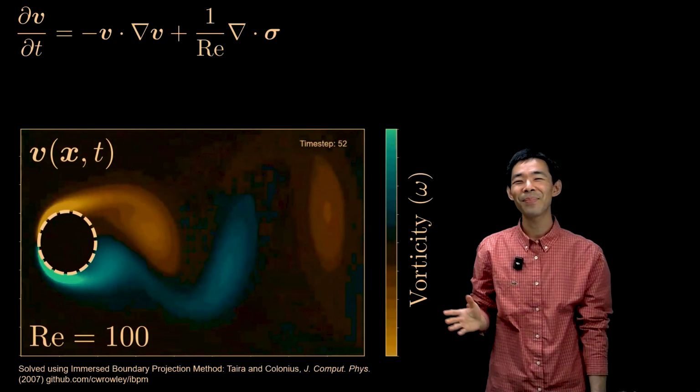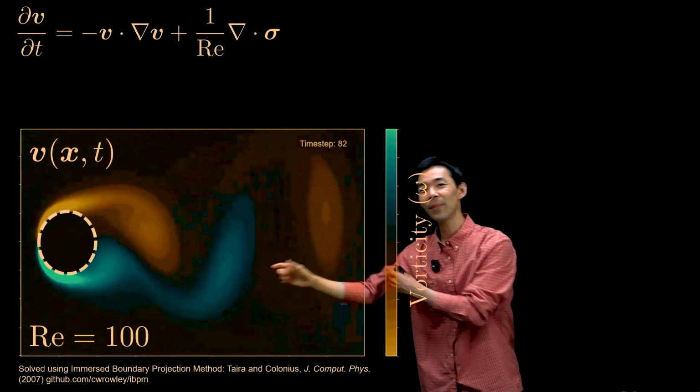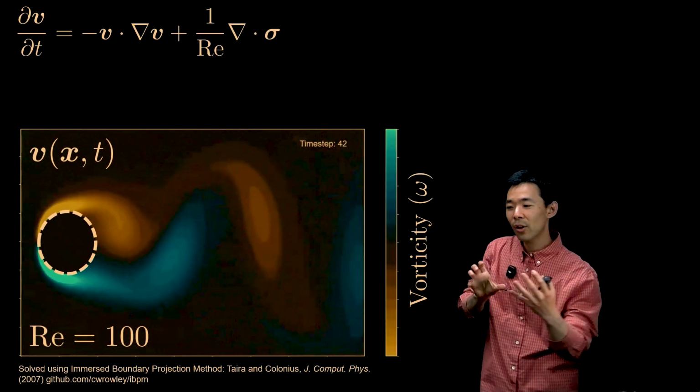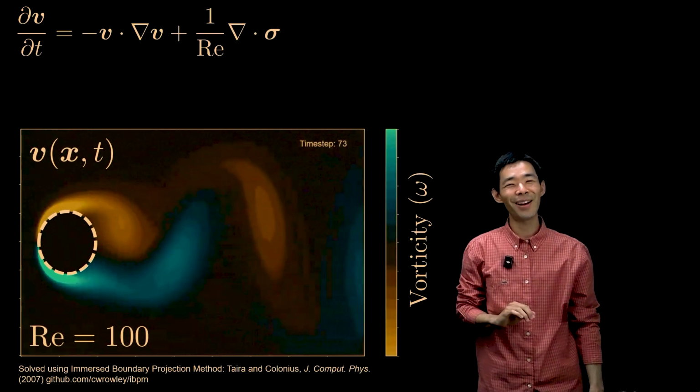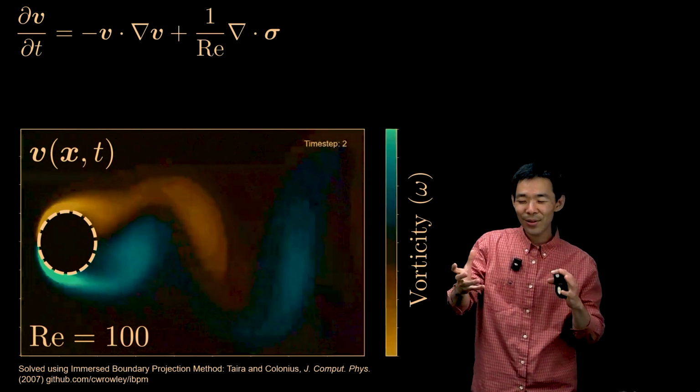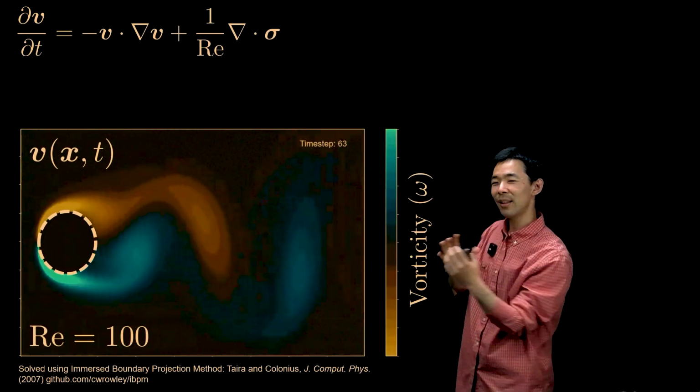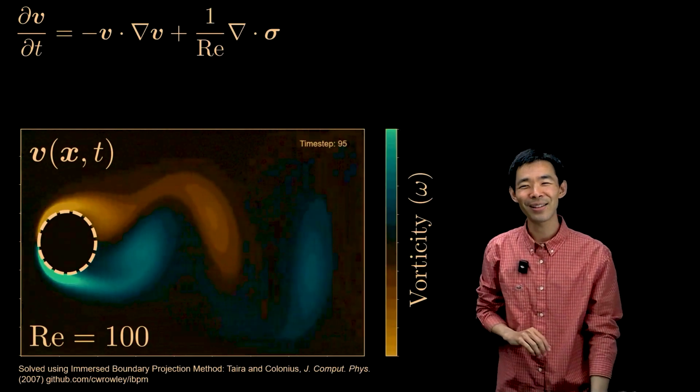Now you can see that what I'm showing here in color is the vorticity. Vorticity is the curl of your velocity field. It tells you how things are spinning. Curl, right? The vorticity of your velocity field.